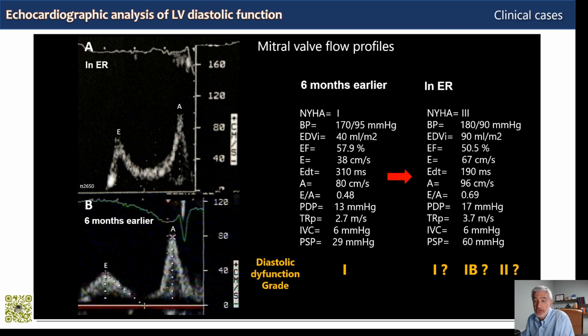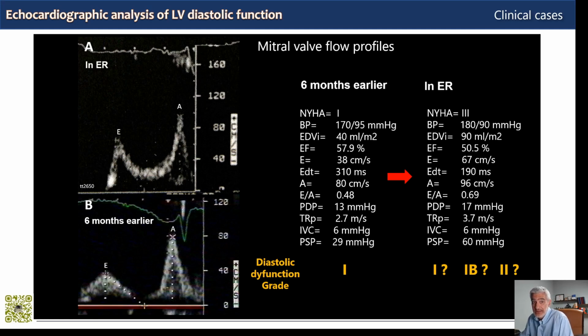So what do we learn from these examples? First, appearances can be deceiving and the devil is in the details. Never rely on a single diastolic parameter. Always use the flowcharts and consider the whole picture. It is like a puzzle and all the pieces must fit in the frame of the puzzle.